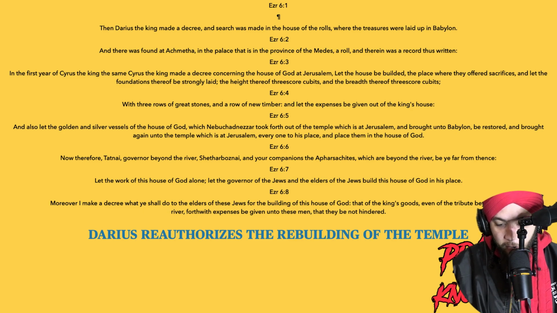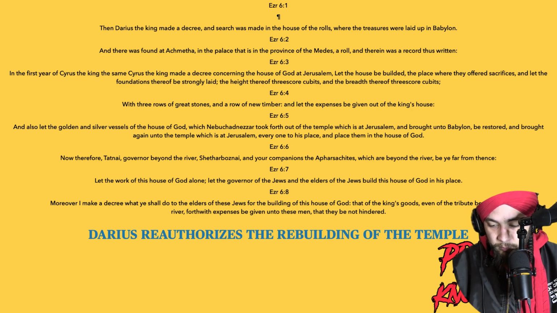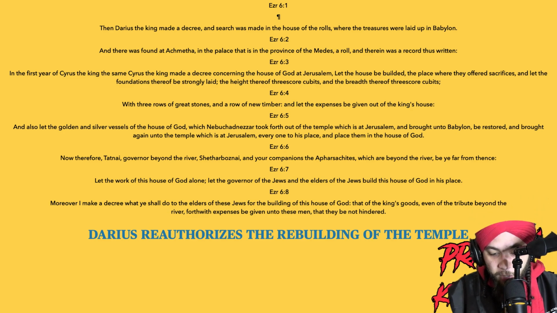Let the governor of the Jews, at this time Zerubbabel, and the elders of the Jews, Joshua was the high priest at the time, build the house of God in his place. Moreover, I make a decree what ye shall do to the elders of these Jews for the building of this house of God, that of the king's goods, even of the tribute beyond the river, forthwith expenses be given unto these men, that they be not hindered.